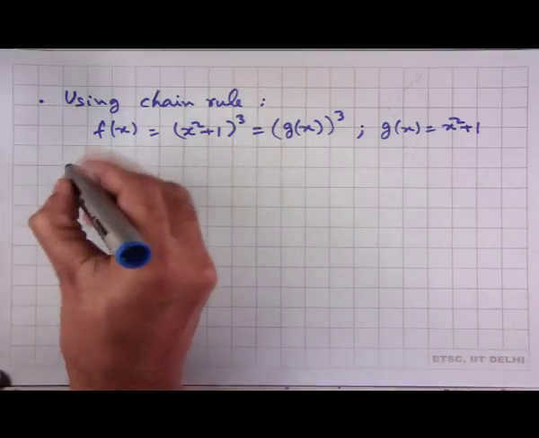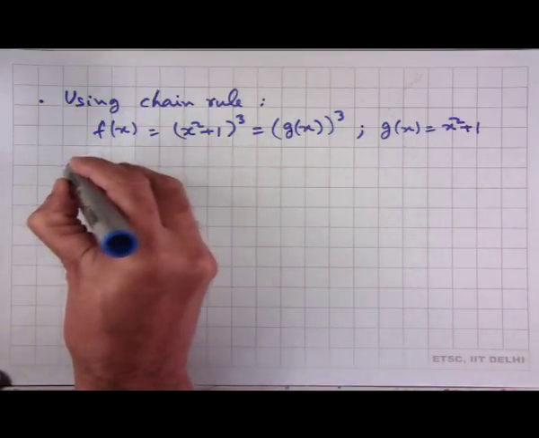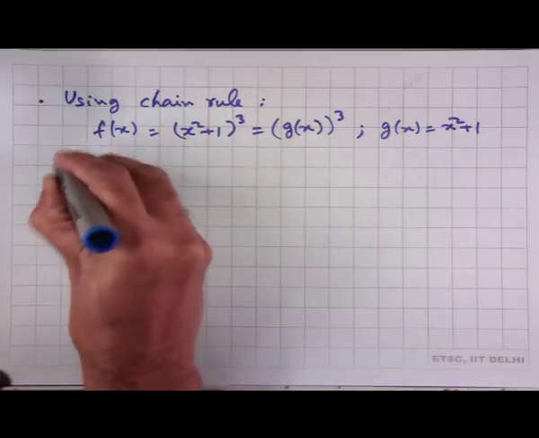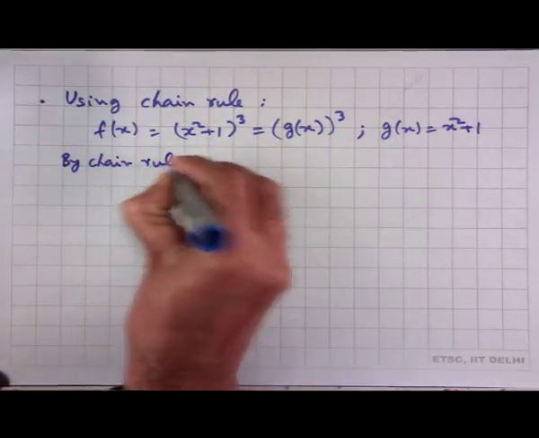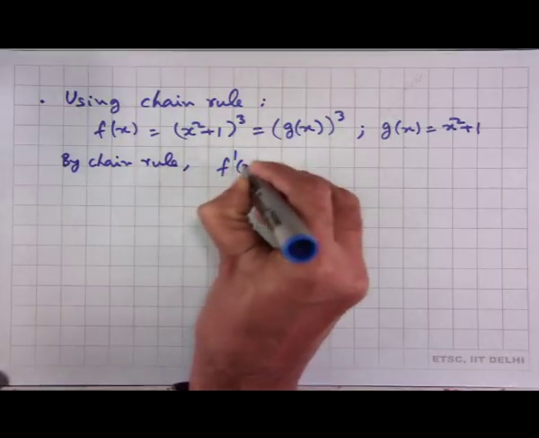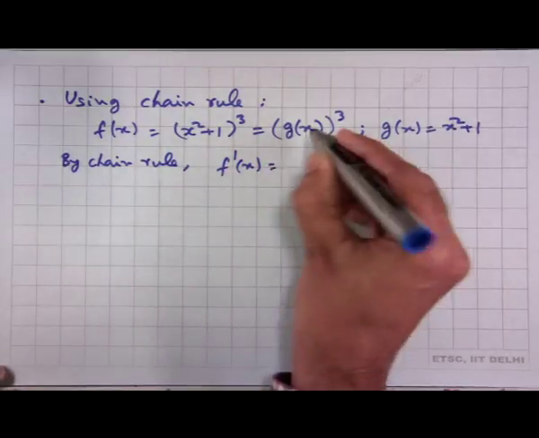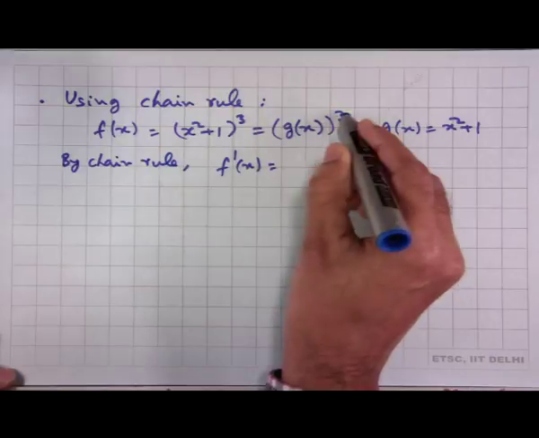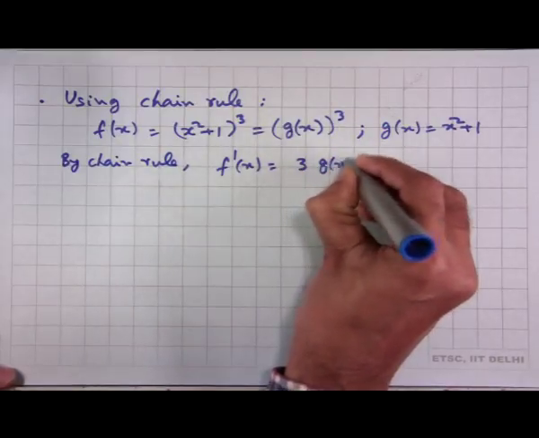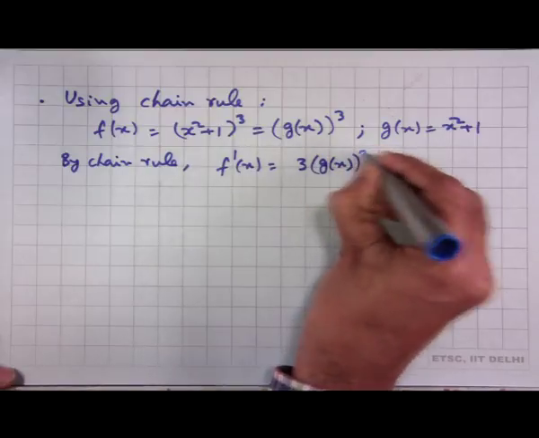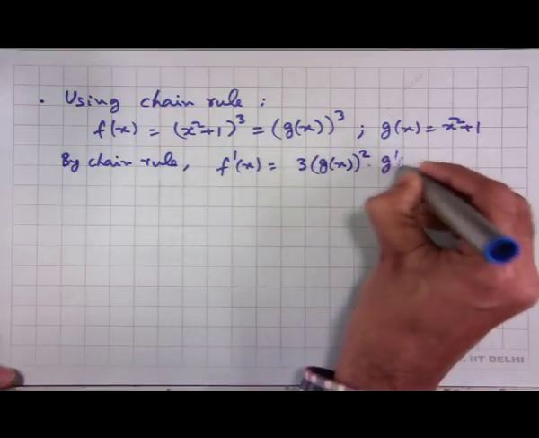By the chain rule, f prime x is equal to the derivative of the cube, which gives me 3 times g of x square times g prime of x.